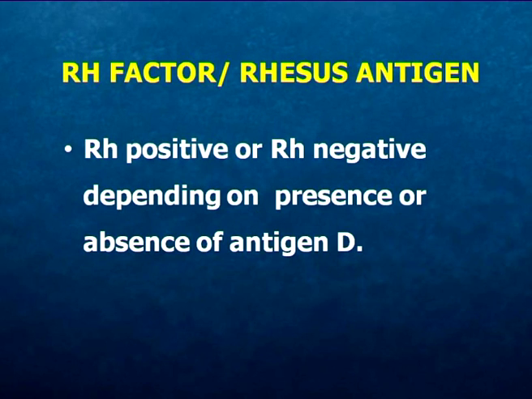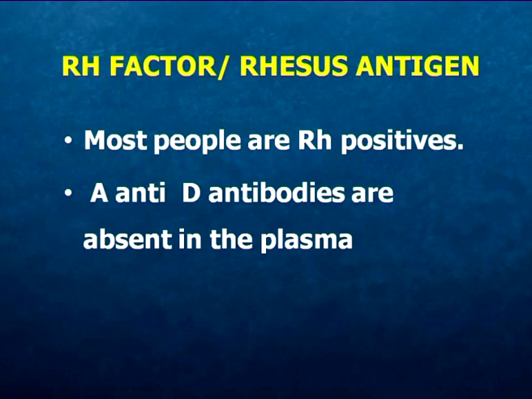The term RH factor refers to the D antigen, which is the dominant one of the RH system. Now, a person can be either RH positive or negative depending on presence or absence of RH antigen, that is antigen D. Most people fortunately are RH positives, especially among Indians in the 4 blood phenotypes A, B, O, AB. Less than 5% are negatives.